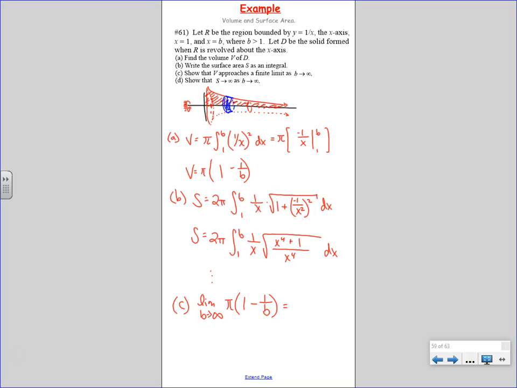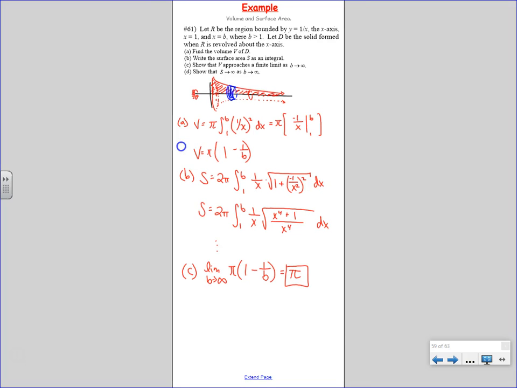So it would be the infinite volume of Gabriel's horn. It converges because 1 over infinity would be 0, so then it would just be pi. True. And for letter D, sadly, we'd have to take the limit as B goes to infinity of capital S.